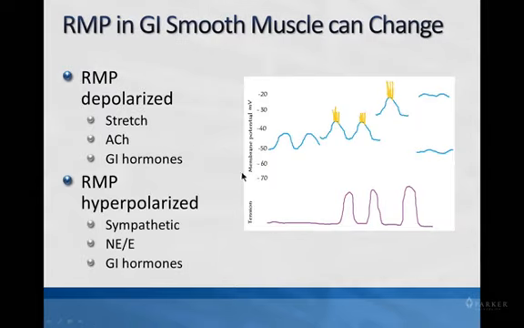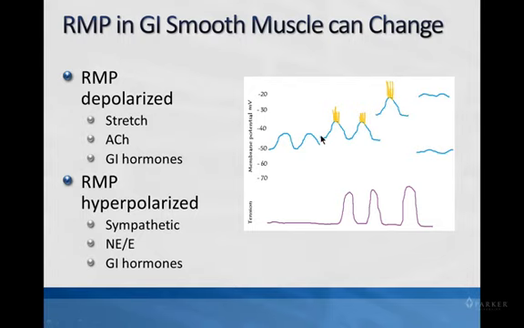Now, if you look at the picture I drew in your notes, the blue represents those slow waves. The yellow represents those spike potentials. Down here in the purple, this is the same idea, where you see tension developed only after you start seeing the action potentials. What you'll notice is I've changed the membrane potential at which these slow waves occur. So you'll notice I went from this first one to this next one, where the resting membrane potential is at a higher level.